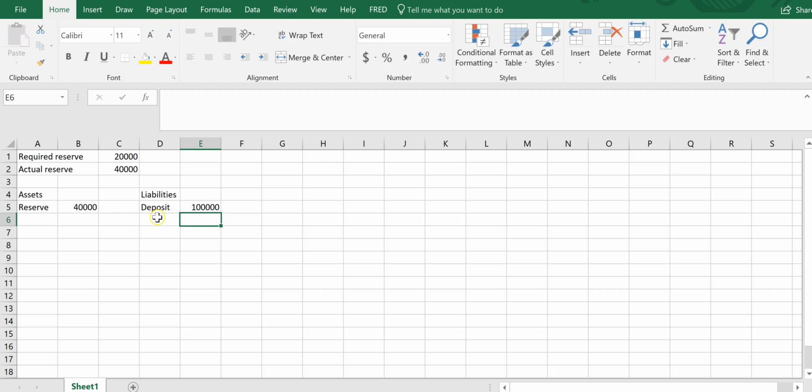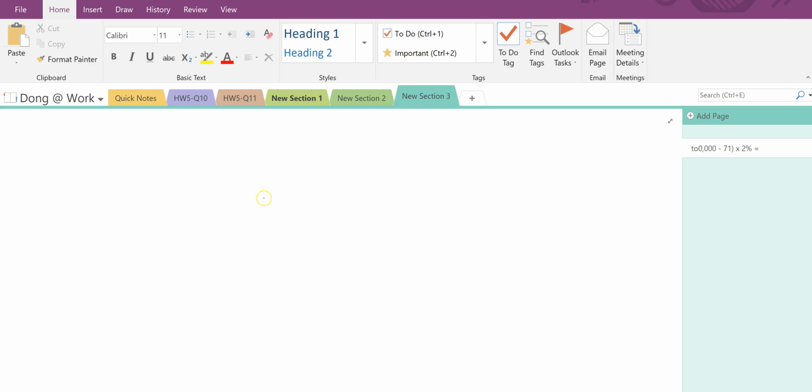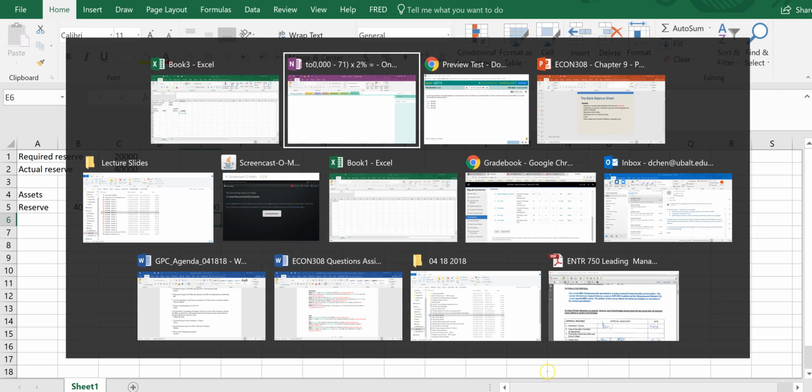But now if you decrease this deposit, the remaining deposit will shrink and reserves also shrink, until the remaining deposit multiplied by the reserve ratio equals the remaining reserves. So what is the remaining reserves?